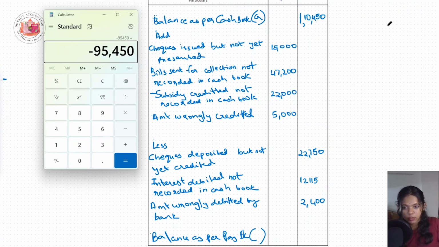Plus 15,000 plus 47,200 plus 22,000 plus 5,000 minus 22,750 minus 12,115 minus 2,400, which gives me an unfavorable credit balance of 58,515.